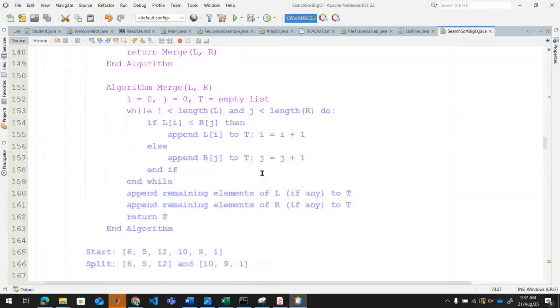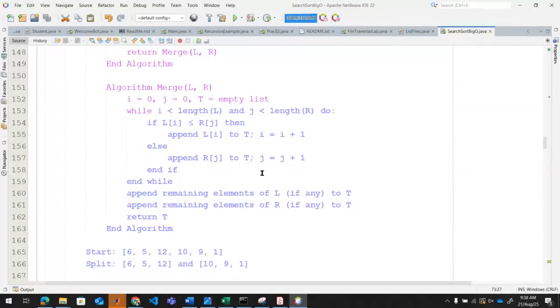The next one here deals with your merge. It now has your sub-arrays as its inputs, the left and the right. What's happening here is that you have a while loop that says while I is less than the length of whatever is in the left subarray, and while j is less than the length of whatever is in the right subarray, then perform the following operations.